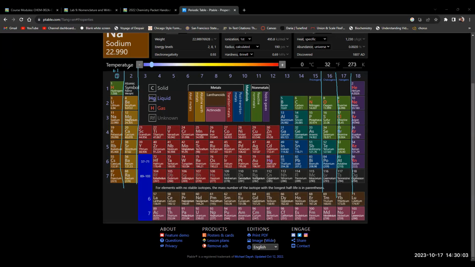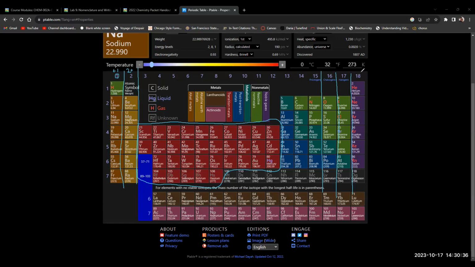Next one, +2 charge. Transitional metals aren't given a charge. That's why when we name transitional metals, we rely on whatever they're attached to find the charge. So transitional metals are going to be inconsistent with what charges are associated with them, but that's okay.